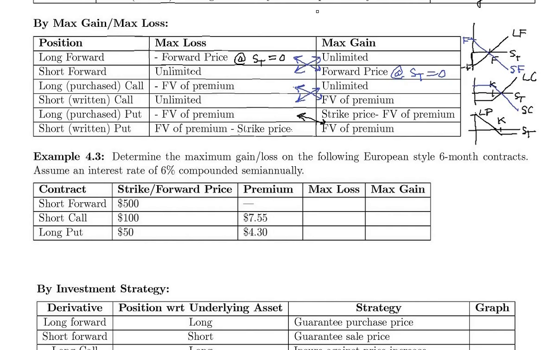Okay, and let's think about that. If you have a short put, then that's going to be the negative profit of the long put. So that's going to look like this. Notice that for a short put, a written put, your maximum loss happens when the spot price is 0.